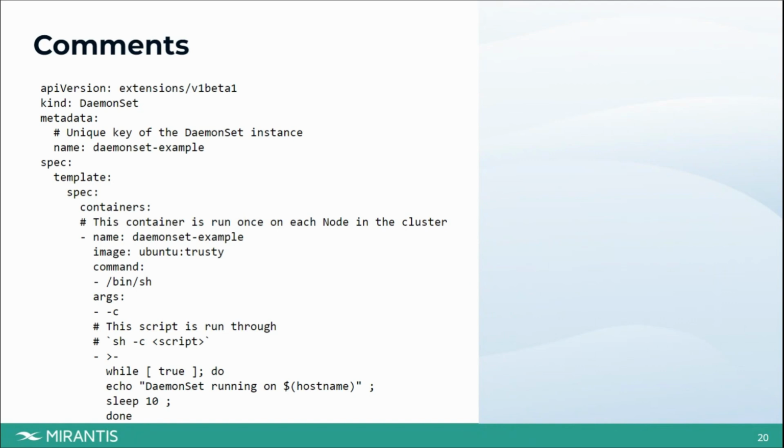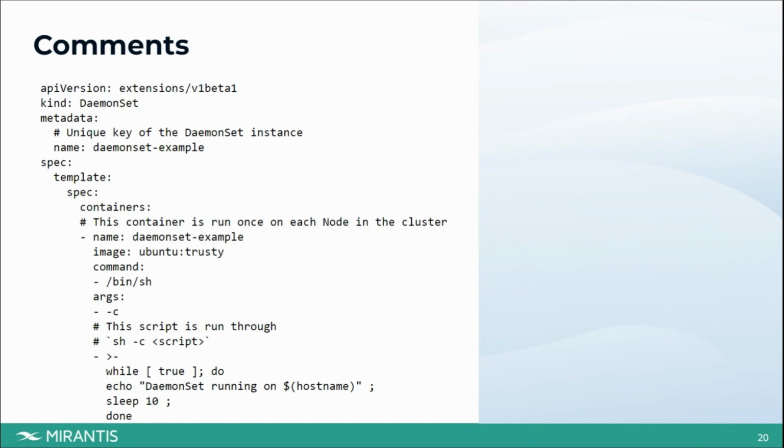Is there an indentation rule for the comments? The indentation rule for the comments is that they must follow the same rule as everything else. For example, here you notice that the unique key for the daemon set instance is indented the same amount as the name.